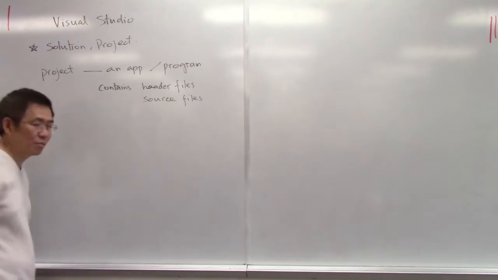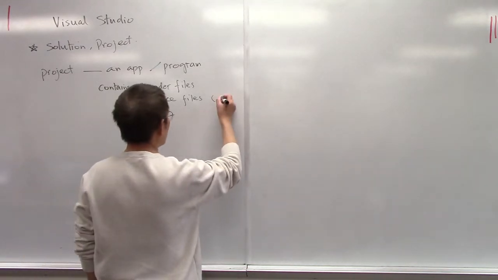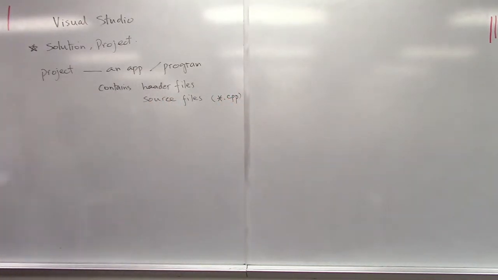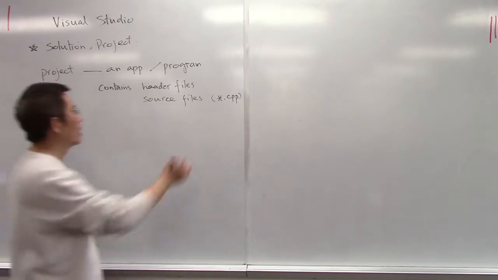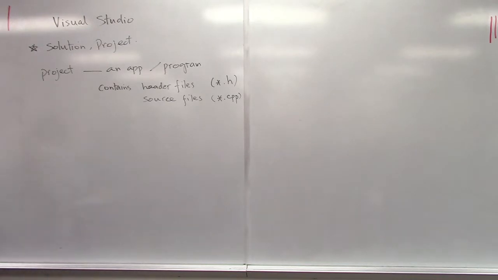When we talk about C++ programming, we focus on the source file. And people usually use .cpp as the file extension for the source file. The header file is .h. So if a file ends with .h, it is a header file. And a C++ project may contain a bunch of header files and also a bunch of source files.